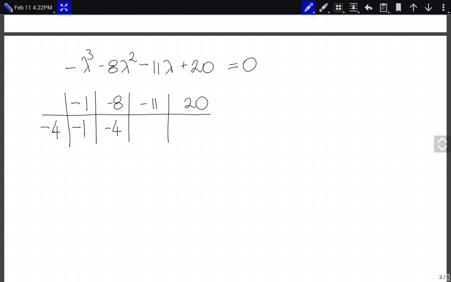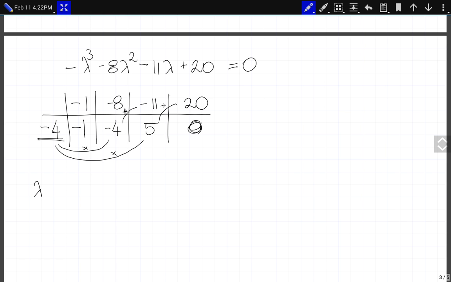Then again, we have minus 4 times minus 4, which is 16, and then minus 11, so 16 minus 11 is 5. Then we have minus 4 times 5 is minus 20, plus 20 is 0. And now we know that minus 4 is our root.